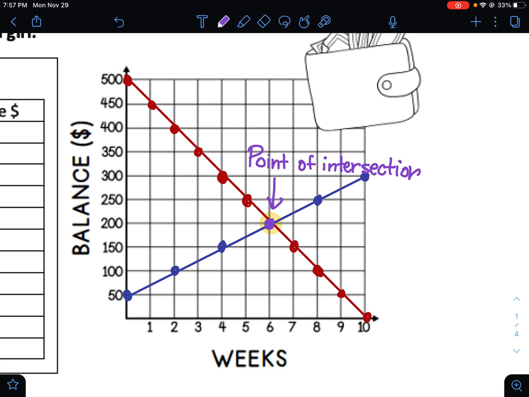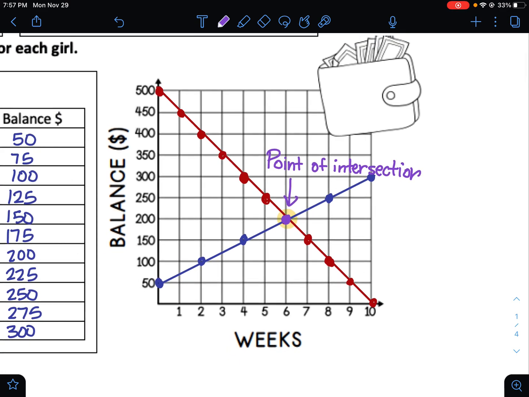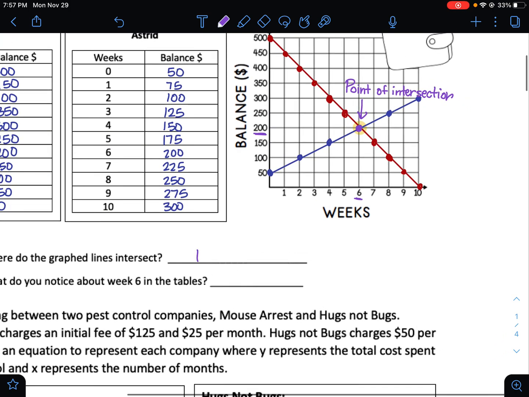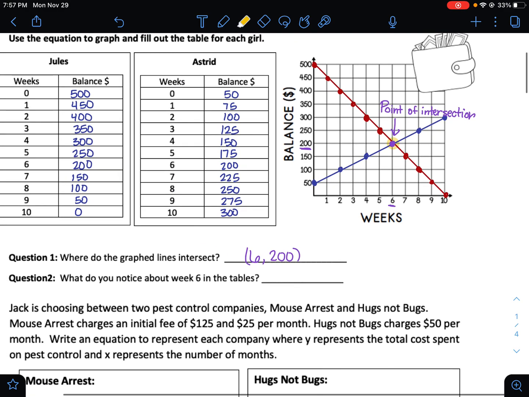What is that point? Well, I go over 6 and I go up 200. So the graph lines intersect at 6, 200. Now, what do you notice about week 6 in the tables? Well, week 6 right here and week 6 is right here. Notice that they have the same ending balance.